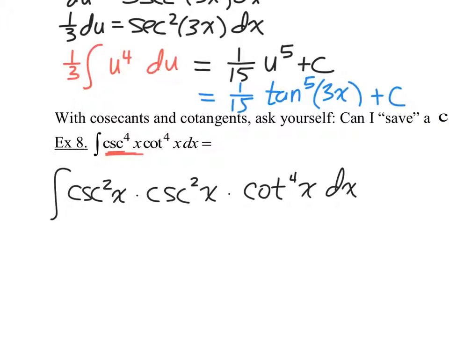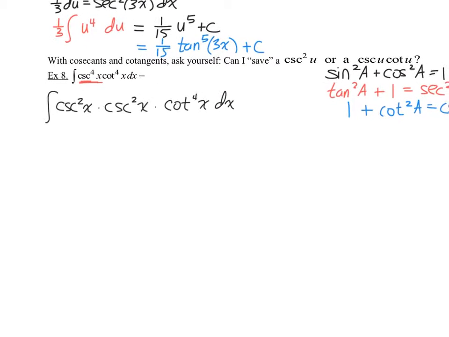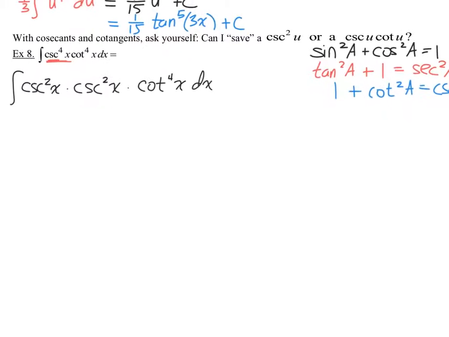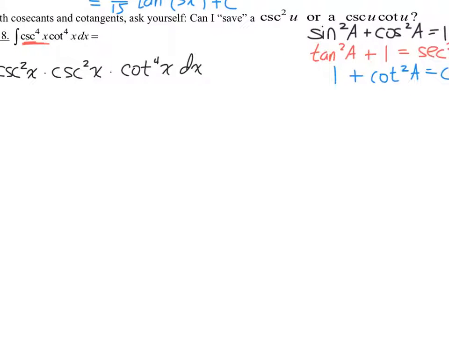Now, you have your rules. And one of the rules tells us that we can take a cosecant squared and replace it with a 1 plus cotangent squared. All right? So that's the one we just invented. So either one of them, we can make that happen. We don't want to do it with both because then we'll paint ourselves into a corner.